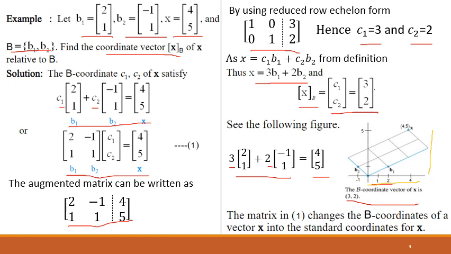But in the coordinate vector xB, we will consider vectors b1, b2 as the coordinate system. In such a case, we will move 3 units on vector b1, which is the value of c1, up to this. So this is 1 unit, this is 2 units, and this is 3 units.